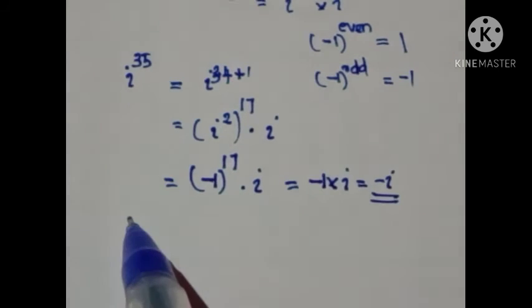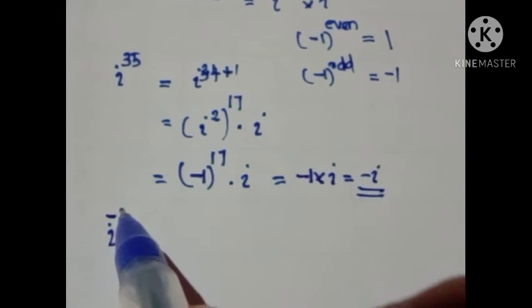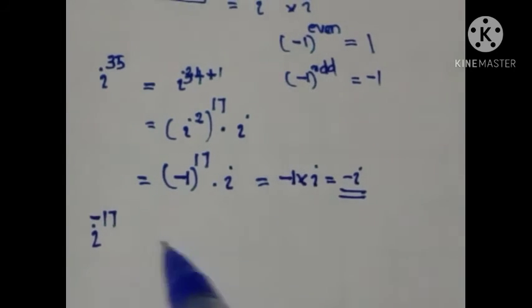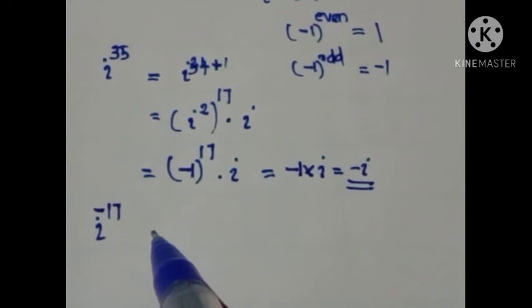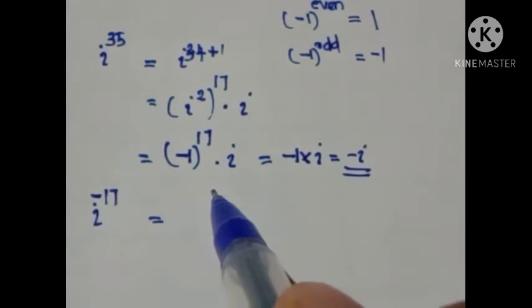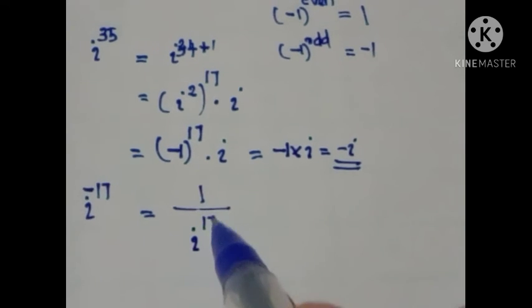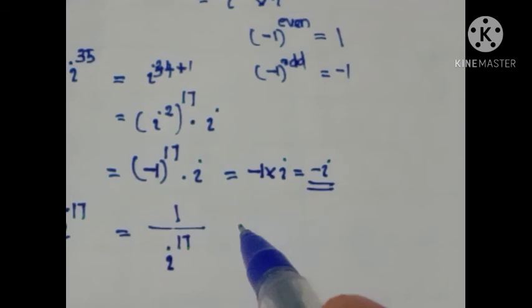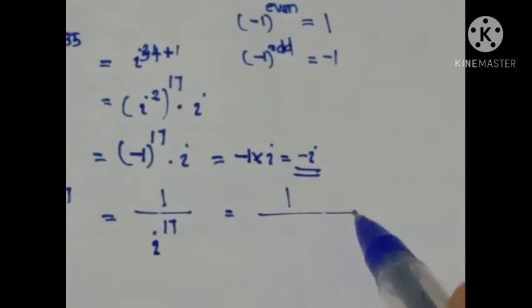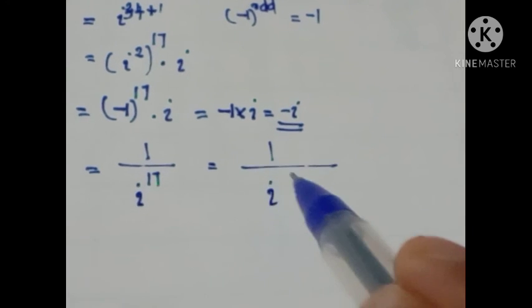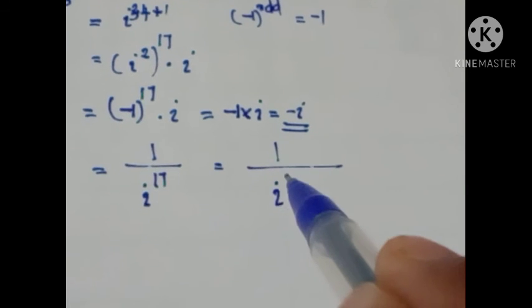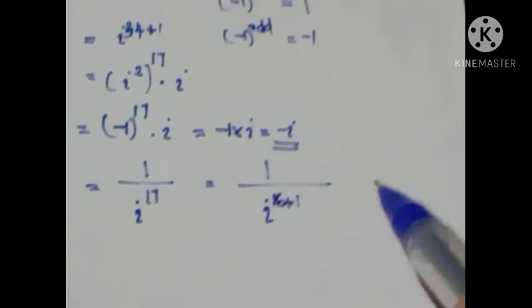Now suppose i raised to minus 17. It is a negative power, so we can avoid this negative power. Just take its reciprocal. So it is 1 by i raised to 17. Now i raised to 17 can be written as 16 plus 1.